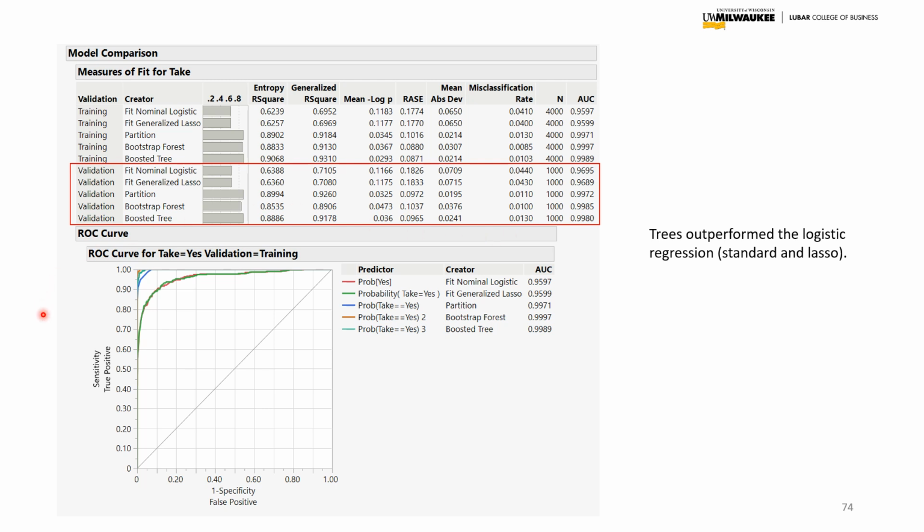Furthermore, we see the ROC curves for all these methods. Though the Logistic and Lasso methods are doing respectable jobs, the trees are really tucked up here in the corner, showing that they are doing significantly better jobs in terms of prediction. So for this application, one wants to run with the trees for making predictions.